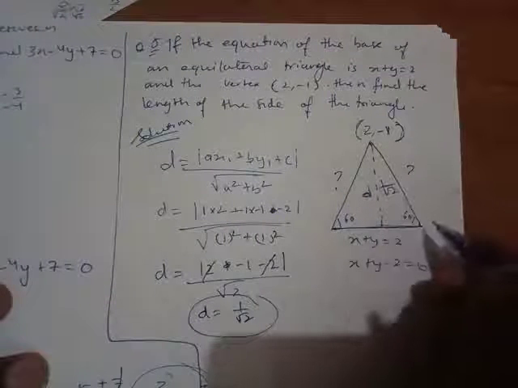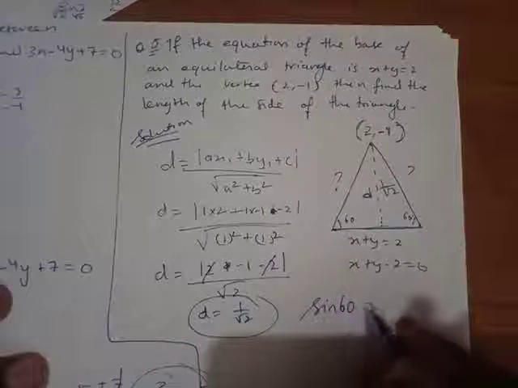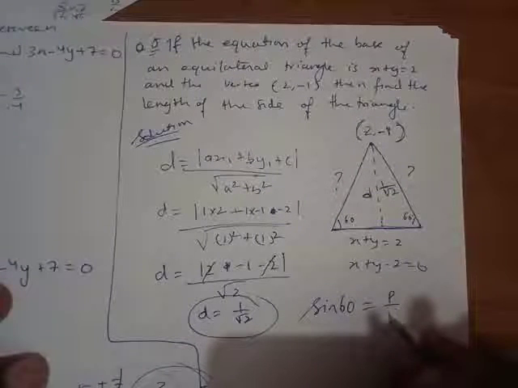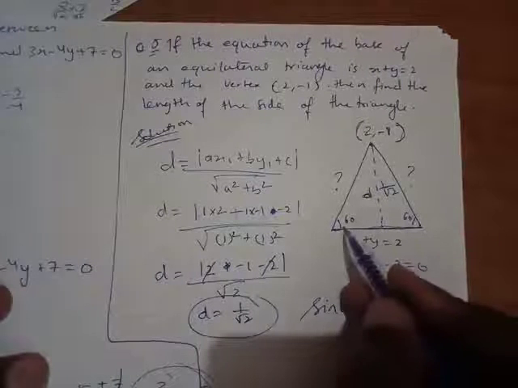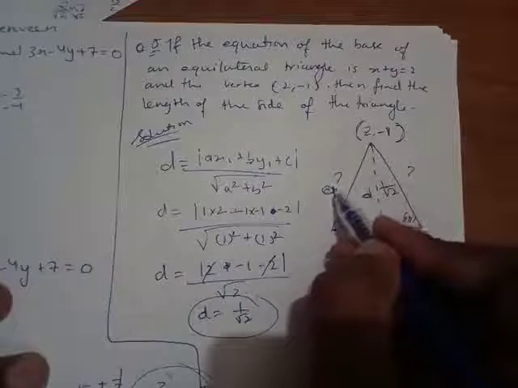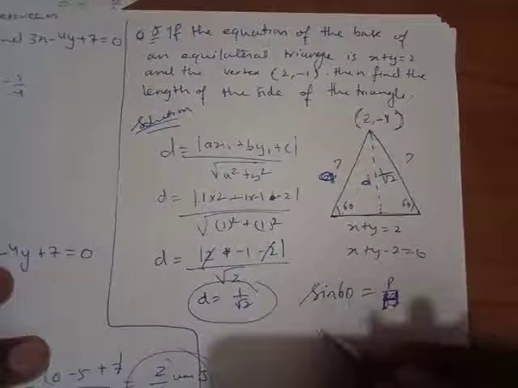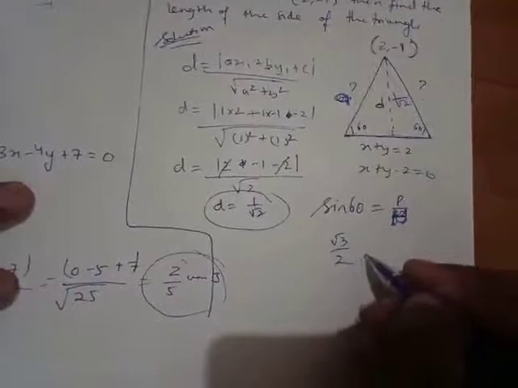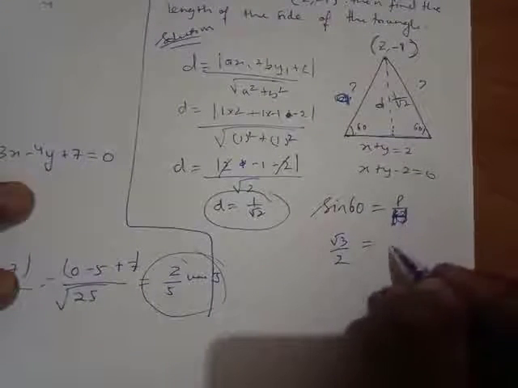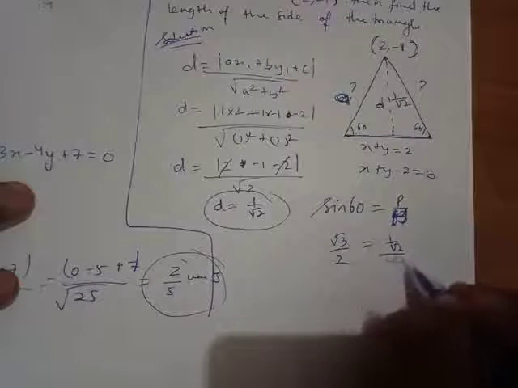Got it or not? Now using trigonometry I can say sin 60 is equal to perpendicular over hypotenuse. If I look according to this angle, let's say this is A. So I'll write, sin 60 is equal to root 3 over 2. Root 3 over 2 equals perpendicular, which is 1 upon root 2, and I don't know the hypotenuse.